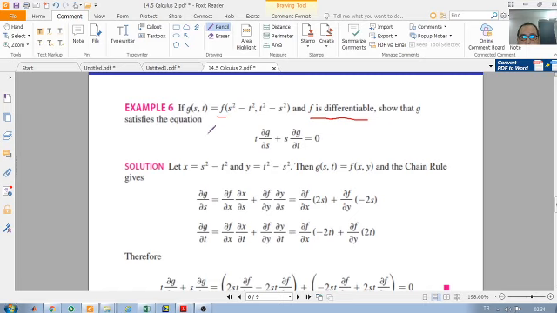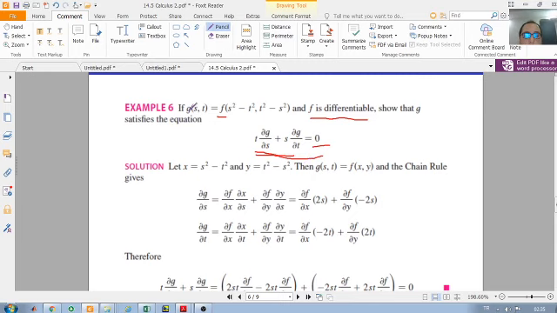So we show that the function g satisfies this equation. Okay, after finding the partial derivatives of the function g, and when we write the left hand side of this equation, we obtain 0.